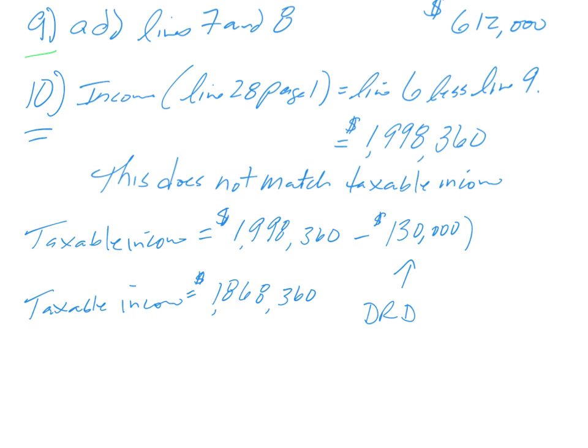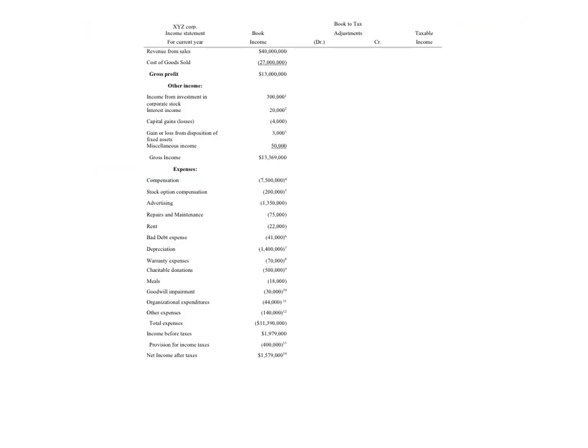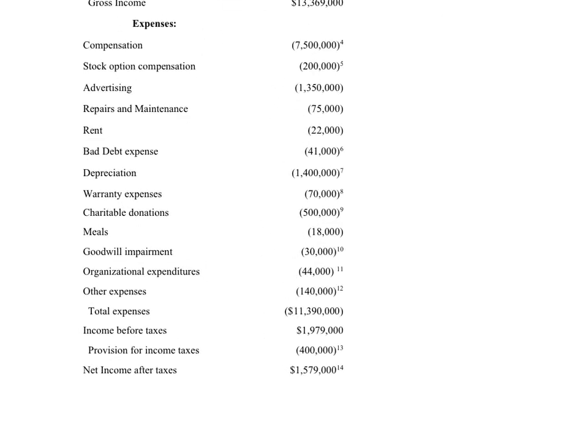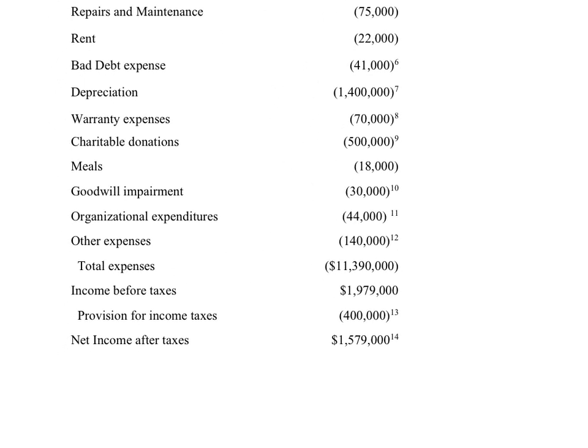I will do the estimated income tax portions in another video. That amount, if we remember back in the problem, we have this $400,000. We can call that, and it's called that, provision for income taxes.